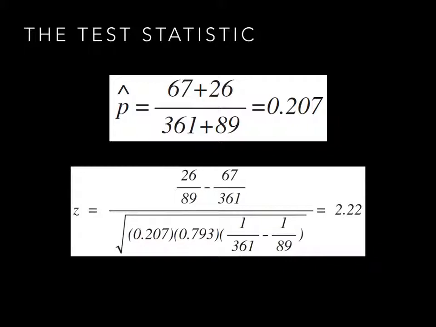And that equals 2.22. So then we take that 2.22 and look it up. What do we do with that 2.22? We plug it into our normal CDF, and we find that to get 2.223, there's a 0.013 probability of that happening.